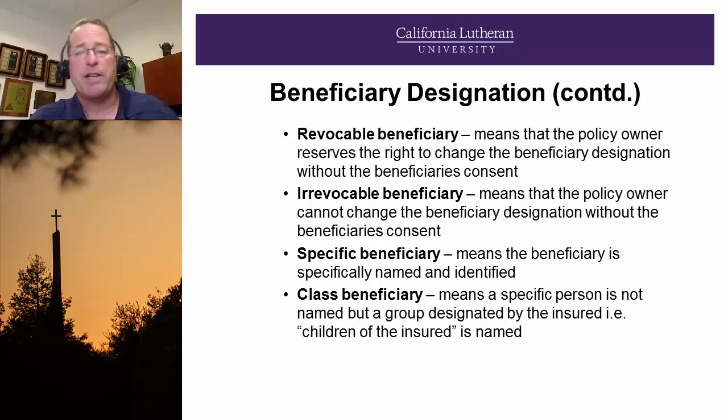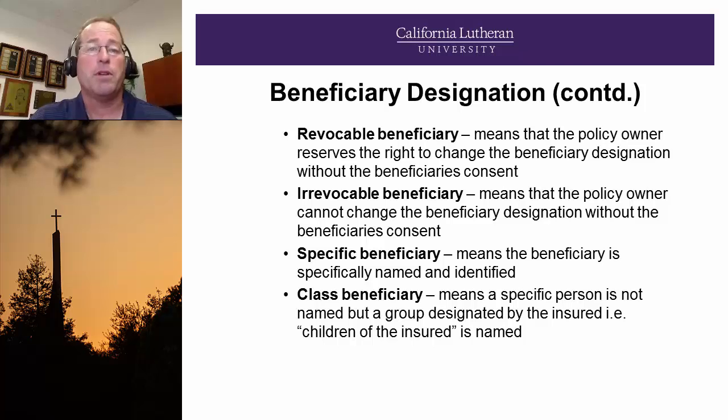Continuing on with beneficiary designations, a revocable beneficiary is one that can be changed at any time in the future by the policy owner. And they do not have to receive notice of being named beneficiary or being excluded or changed away from being the beneficiary. We have an irrevocable beneficiary. That means the policy owner cannot change the beneficiary designation without the beneficiary consenting to that change. We have specific beneficiaries. It means the beneficiary is specifically named and identified.